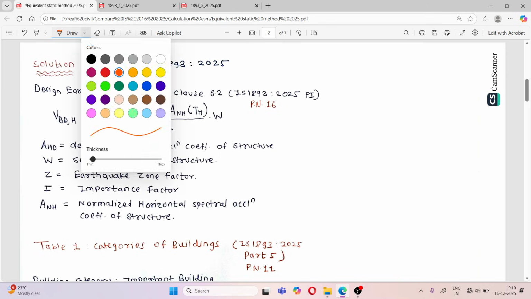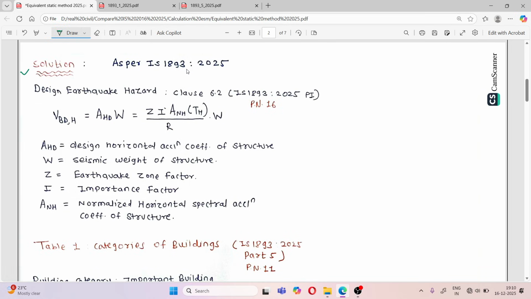Let's start our solution. As per IS 1893 2025, design earthquake hazard. There are two categories here, and this category is applicable for us in this problem: design earthquake hazard, which is clause 6.2, IS 1893 2025 Part 1, page number 16.